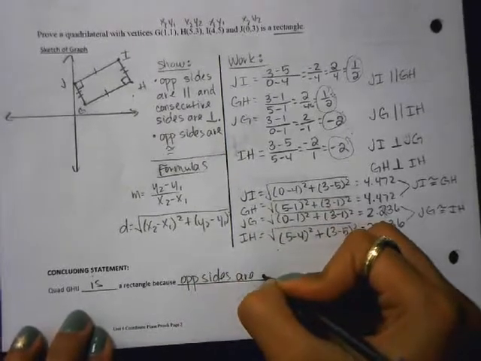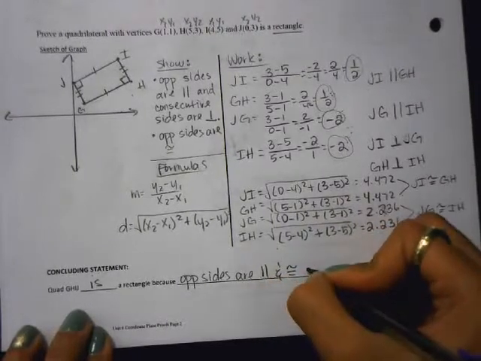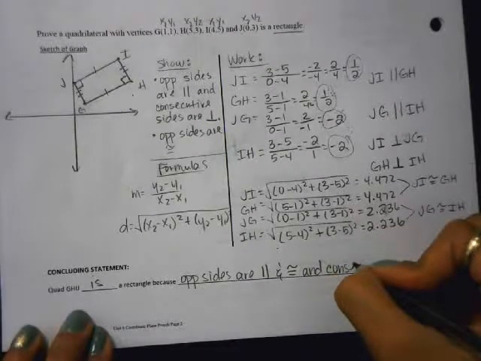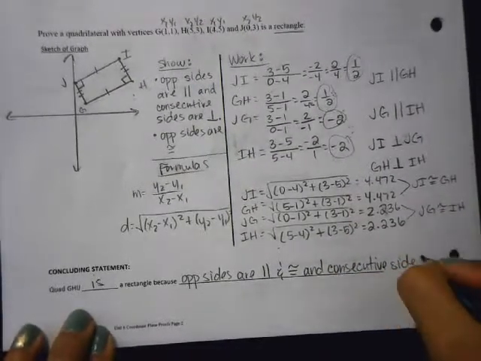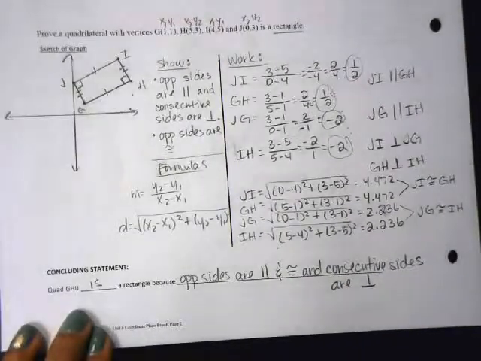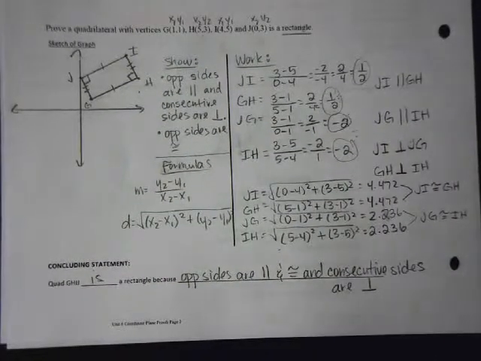Alright, last one, trapezoid. This one should be faster than the other one. So we're going to show, since it's a trapezoid, that it only has one pair of parallel sides. And the way we're going to do that is we are going to use the slope formula, which is y2 minus y1 over x2 minus x1.